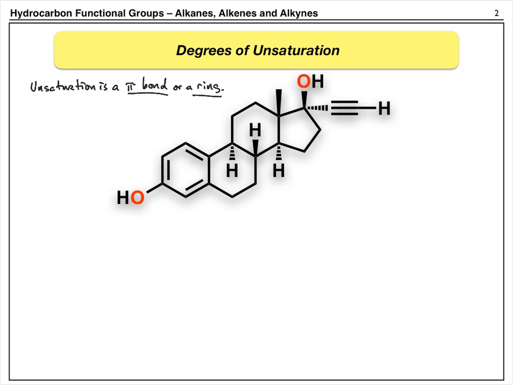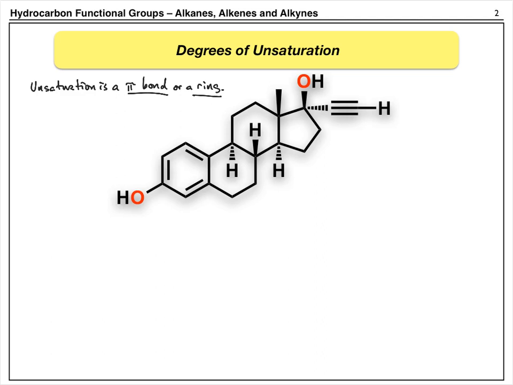So a pi bond or a ring. And the way that we can understand that is in both of those functional groups, the carbons do not have the maximum number of hydrogen atoms bonded to them.